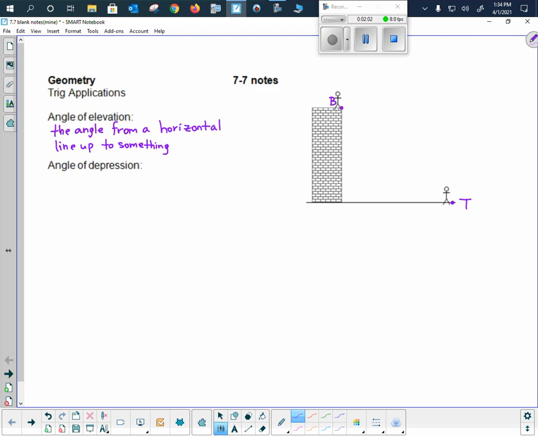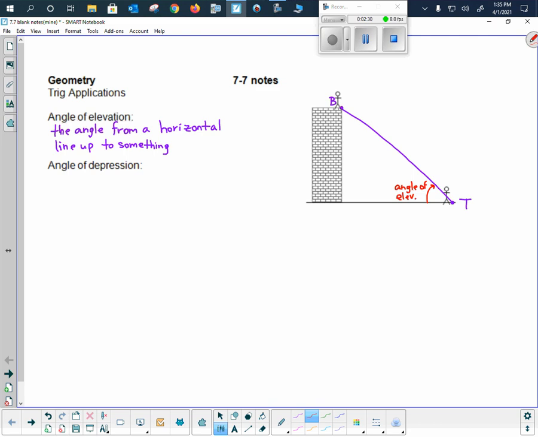So we need a line that goes from T to B. Okay, and this would be the rotation from the horizontal line up to where that would be, pointing at B. This would be called your angle of elevation, which I'm just going to abbreviate. Okay.